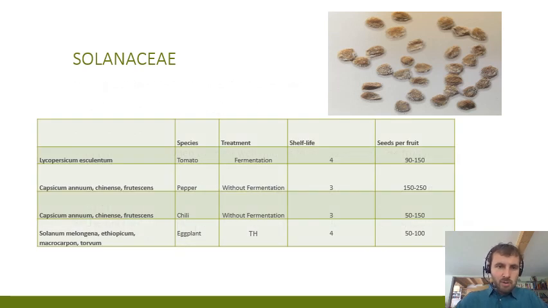So here is a table with the different Solanaceae, tomato, pepper, chili, eggplant, how you should treat the seeds with fermentation for tomato, otherwise without fermentation, and the shelf life of different crops, and for indication how many seeds you can expect per fruit.